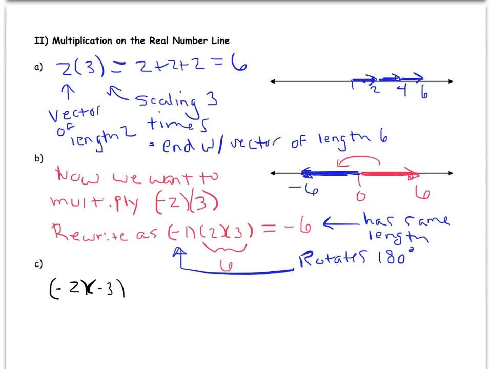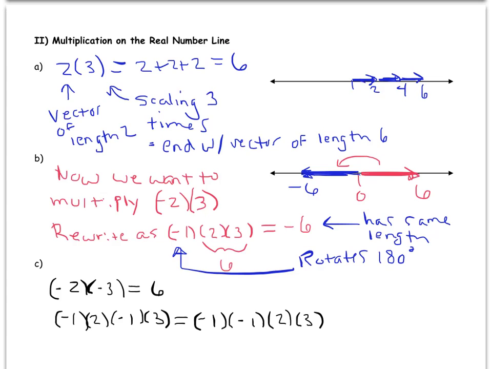We know that equals 6, but now you can understand that it equals 6 because you can view it as negative 1 times 2 times negative 1 times 3, and you can commute these, and write this as negative 1 times negative 1 times 2 times 3, where this is going to rotate 180 degrees, but then this is going to do that too.